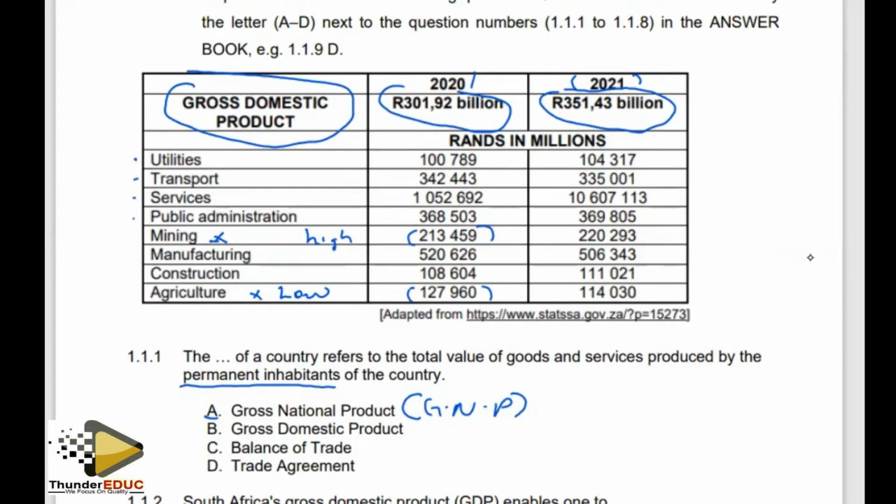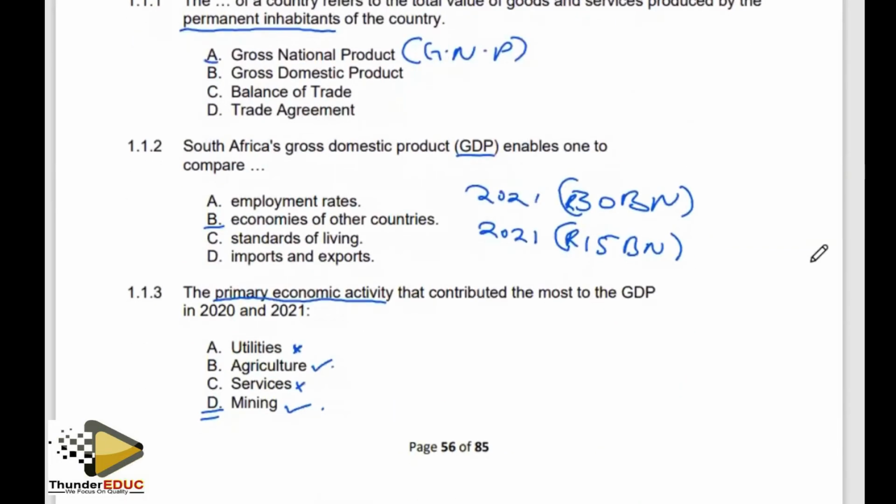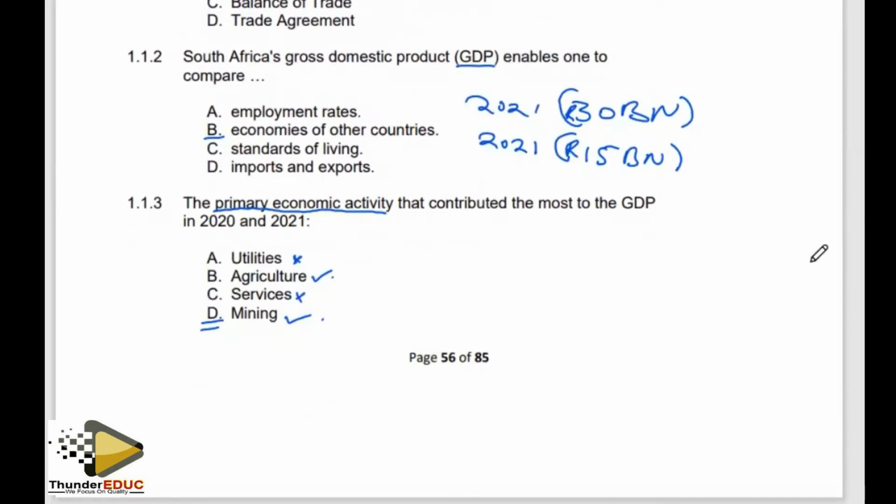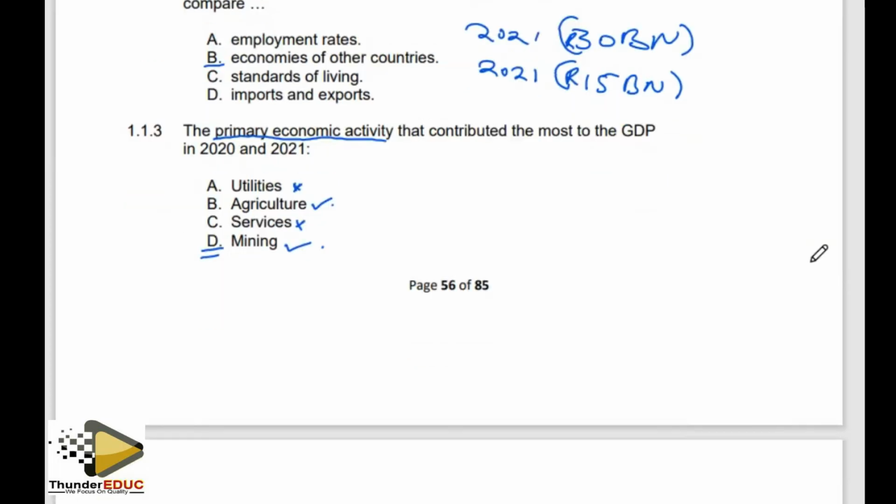If you check in 2021 as well, mining contributed 220,293 million rands. Yet agriculture, it is still 114,030. So you can see that the value of mining was a bit high as seen in million rands. So that is why we say that option D will be the correct answer.